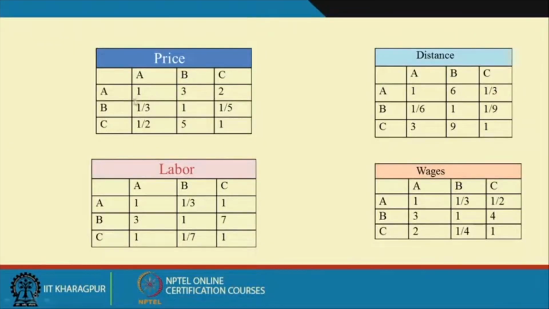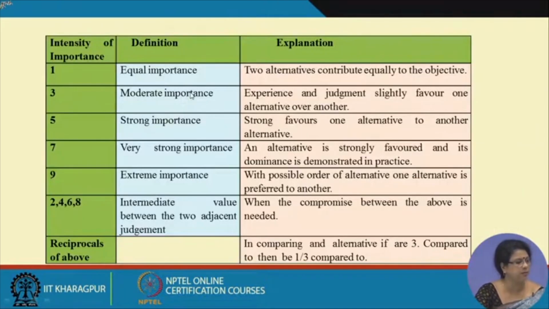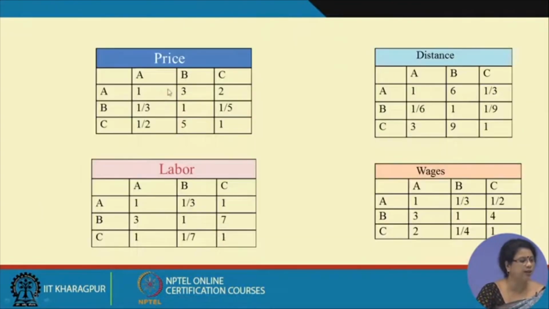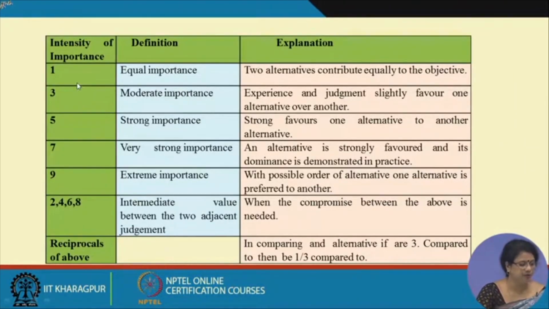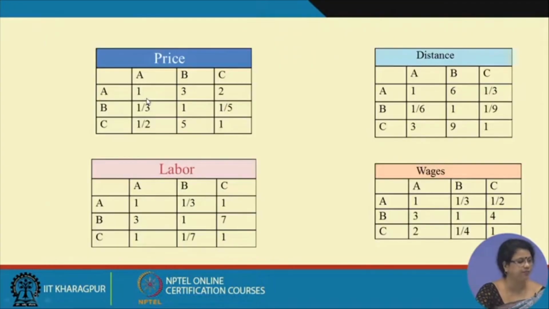With respect to property price, let me explain the matrix now. It has been said that A is 3. 3 means moderately important than B. And A and C, if we compare, what is given there? That 2, that means not equally important, not moderately important, in between.